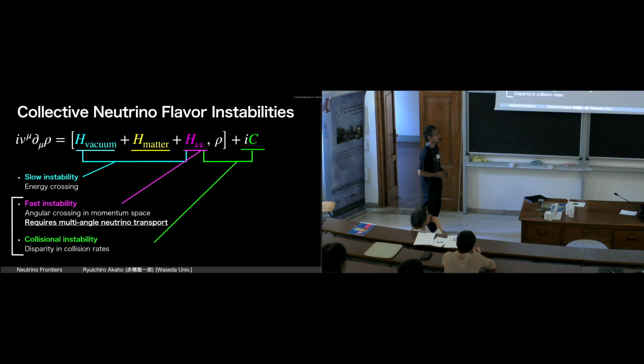In order to judge whether the crossing exists or not, you need a multi-angle neutrino transport, unless you use AI or other methods. The collisional instability is induced by the combination of the neutrino self-interaction term and the collision terms. The collisional instability is caused by the disparity in collision rates.